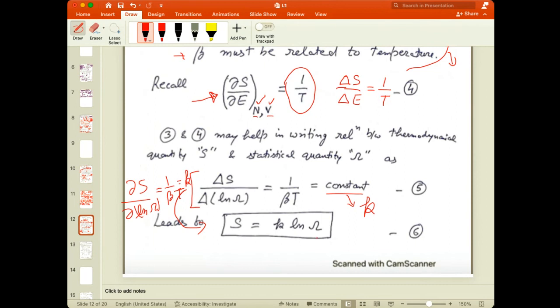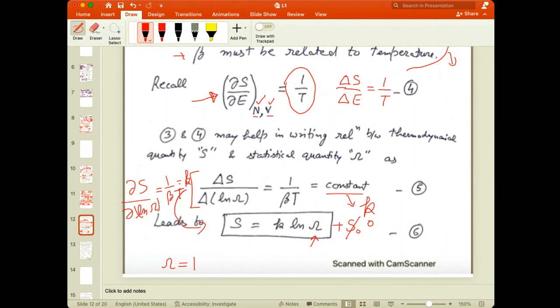If you try to integrate this, there can be some additive constant. But this has to be taken as 0, and I'll tell you very quickly why. If you take omega equal to 1, it means that for a given macrostate your system has only one possible configuration of microstate.